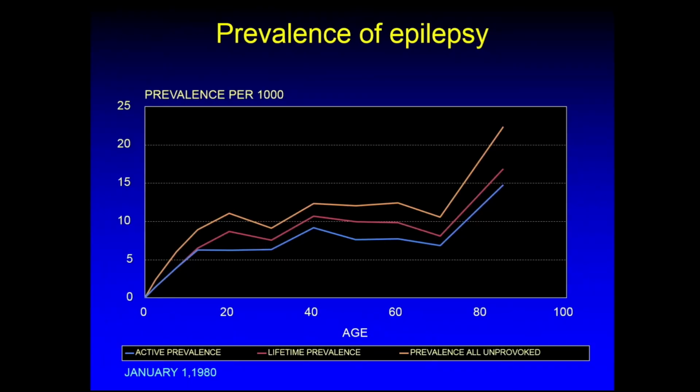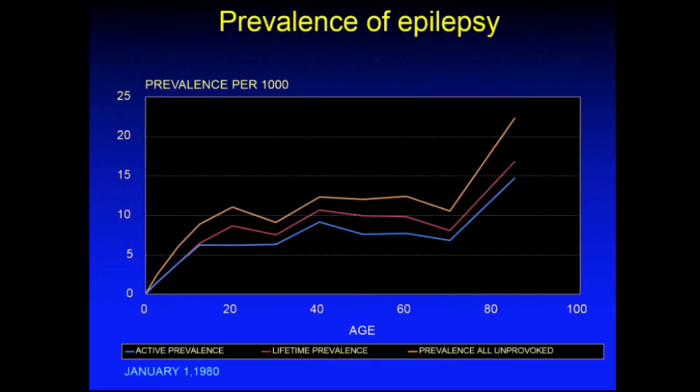And this is just a graph showing the differences between lifetime prevalence and active prevalence in some studies that we've done in Rochester, Minnesota. You can see it's correspondingly an increase of about 10% within each age group.